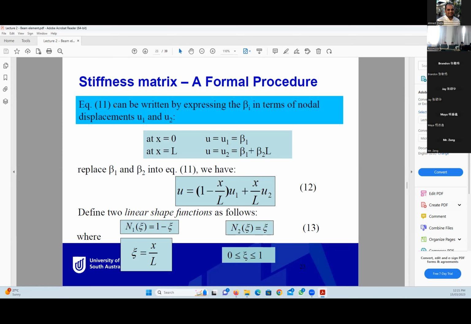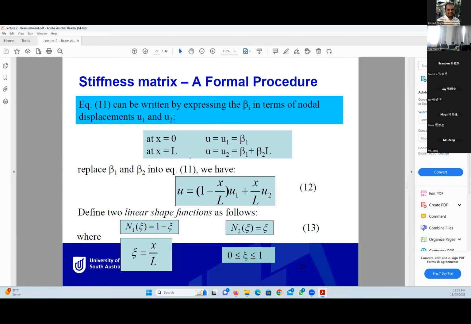So if we write equation 1 by expressing beta in terms of displacements u1 and u2: at x equal to 0, the displacement is equal to u1, which is beta 1.